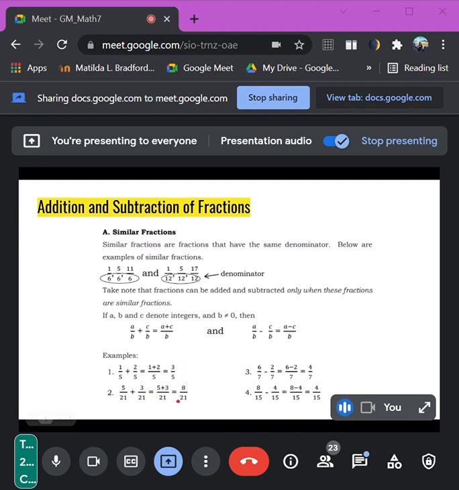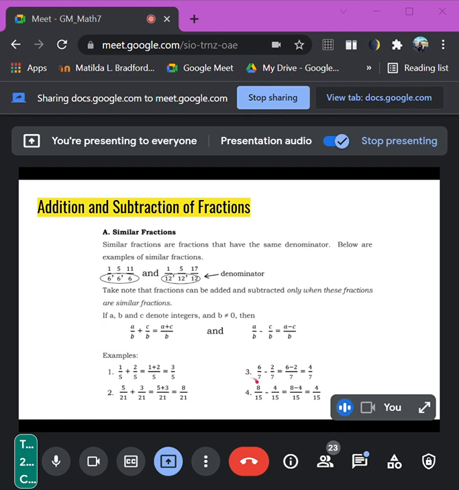Well, on the next example, we have 5 over 21 plus 3 over 21 is equal to 5 plus 3 over 21 is equal to 5 plus 3, that is 8, and then 21, just copy. And then remember class, if you have fractions, you should always answer it in lowest term. If ever malowest term pa siya, you have to do it.